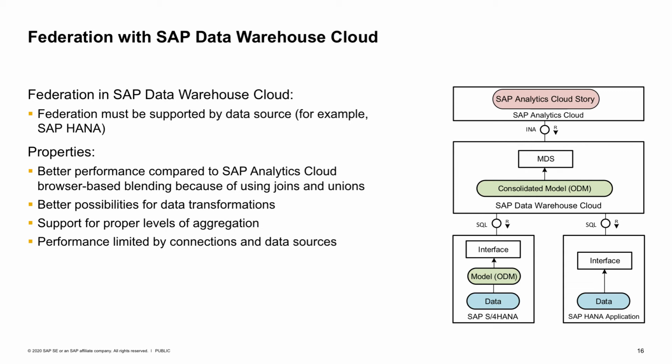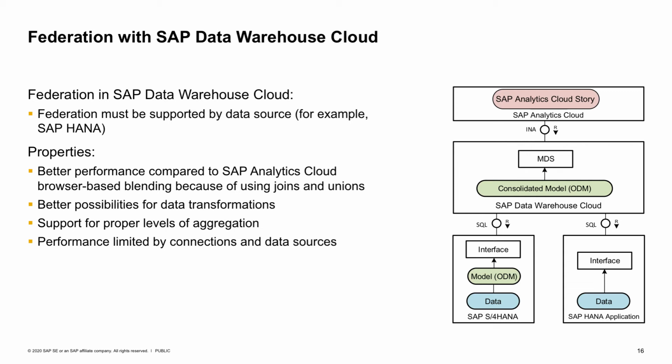Of course, also in this case, the data sources that you use should support live data access, like this is the case for a lot of SAP data sources like SAP HANA. And in this case, you will get a better performance compared to SAP Analytics Cloud because you can use certain joins and unions directly in the Data Warehouse Cloud.